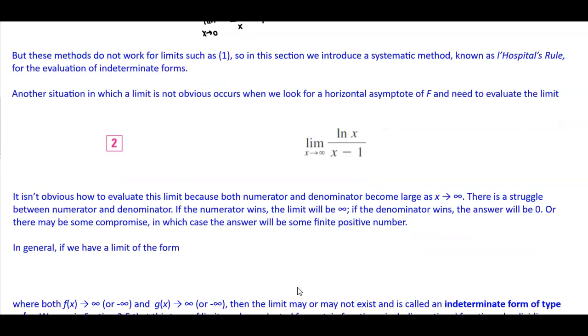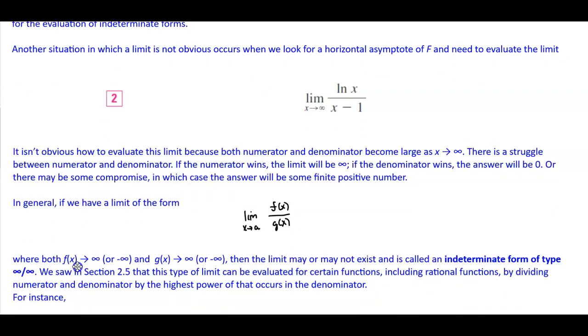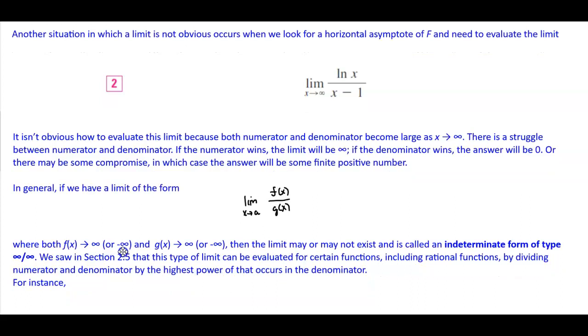So in general, if we have a limit of the following form, where we have the limit, again, as x is approaching a of a function f of x in the numerator divided by a function g of x, where both f of x approaches infinity or negative infinity and g of x approaches infinity or negative infinity, then the limit may or may not exist and is called an indeterminate form of the type infinity divided by infinity.